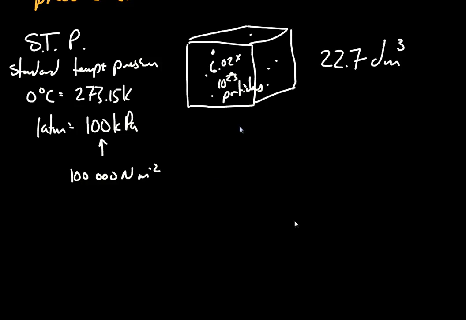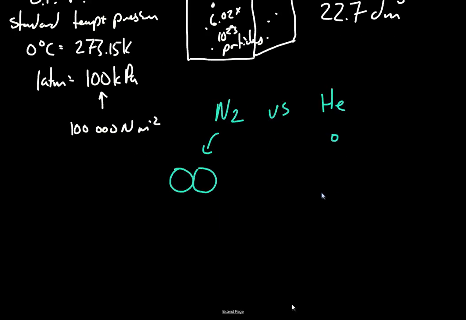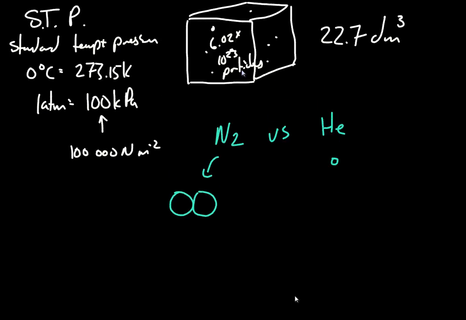Now the question is, how is it that something like N2 versus something like helium, right? Here's this kind of big diatomic molecule, and here's this little wee noble gas. How is it that under these conditions, if this is pure N2 or if it's pure He, we can know that in either case there's going to be this number of particles? How can that be true?